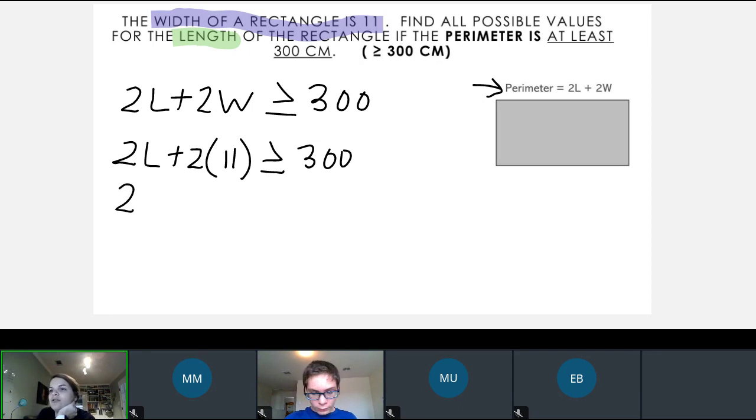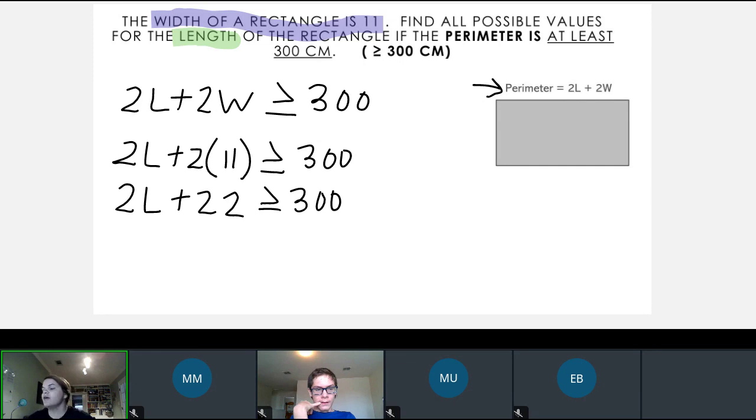All right, so we get 2 times L plus 22 is greater than or equal to 300. So if I want to solve for L, what would my next step be? Plus 22.